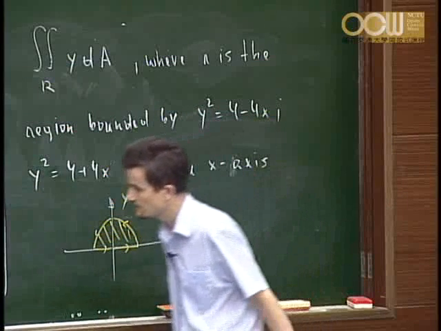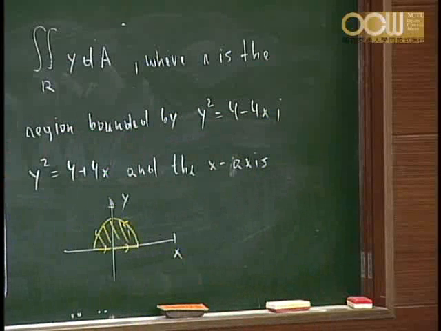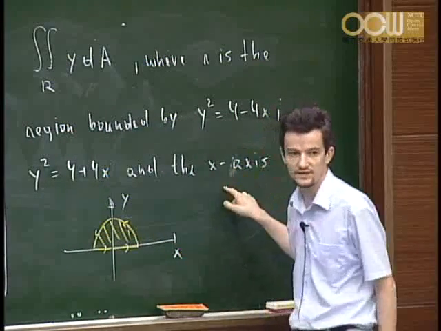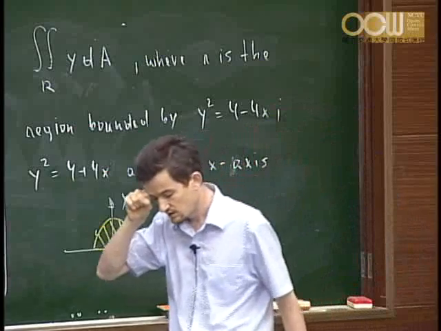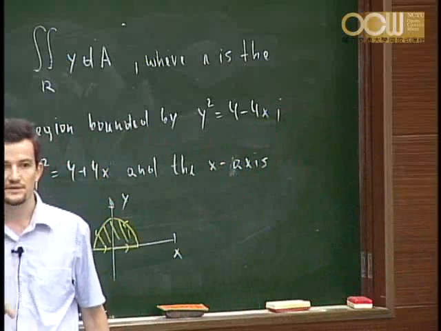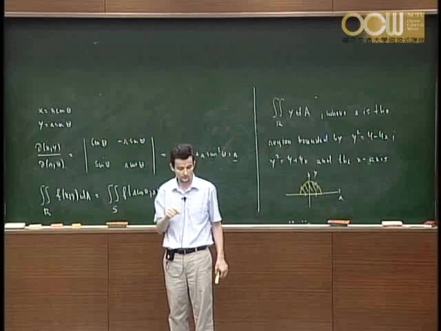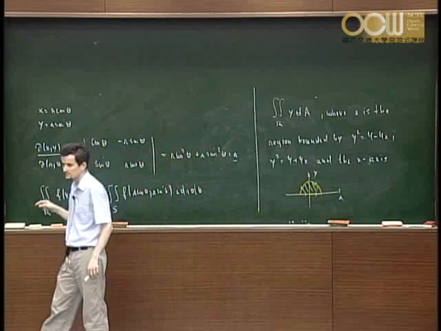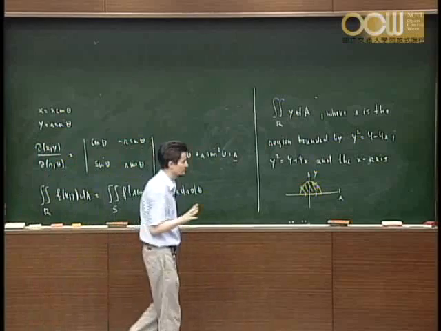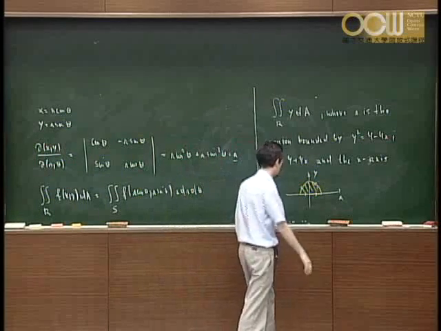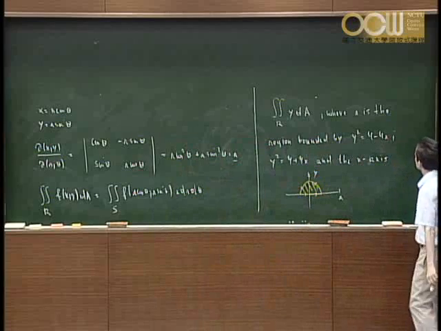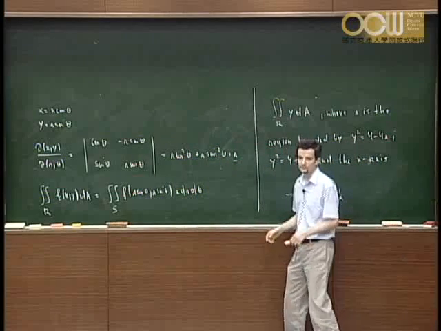But another way using the transformation rule would be to observe that the region here is exactly the one which I considered before, which under the map x is equal to u squared minus v squared and y is equal to 2uv maps the unit rectangle onto this region here. So another way to compute this integral would be first to make this observation.